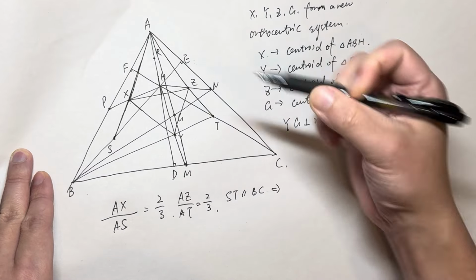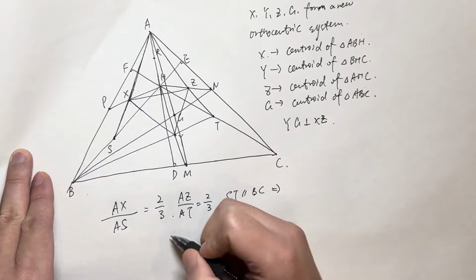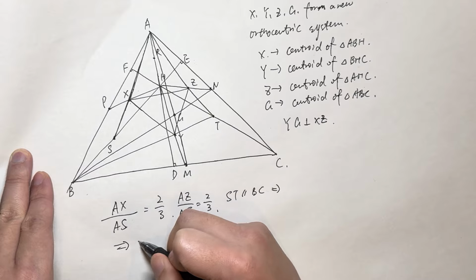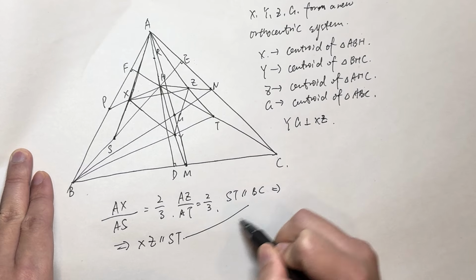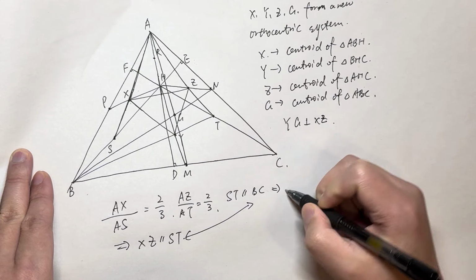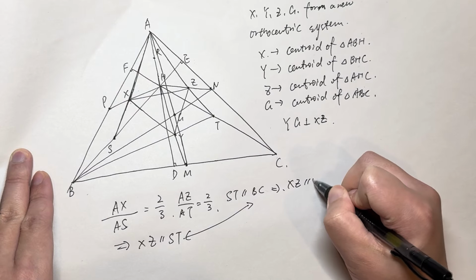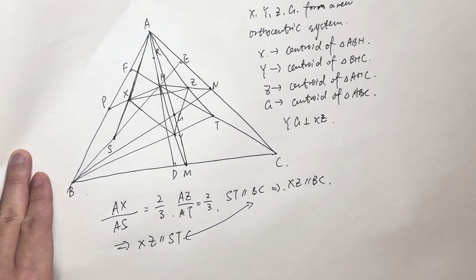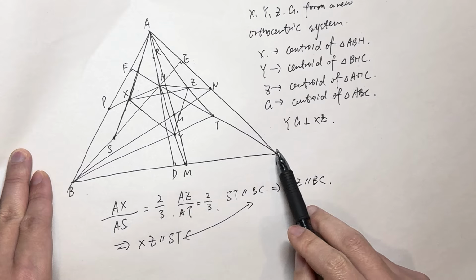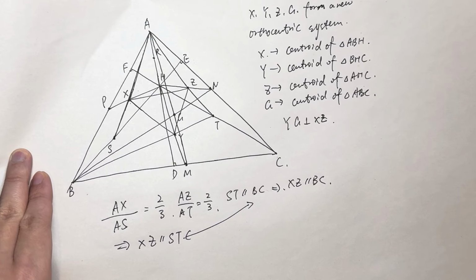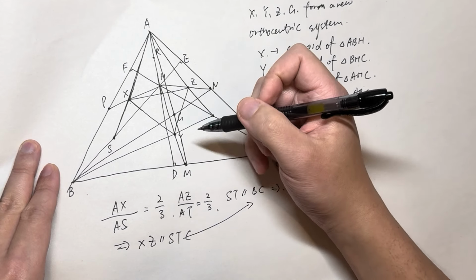And that means XZ is parallel with ST. So based on these two, we got XZ is parallel with BC.